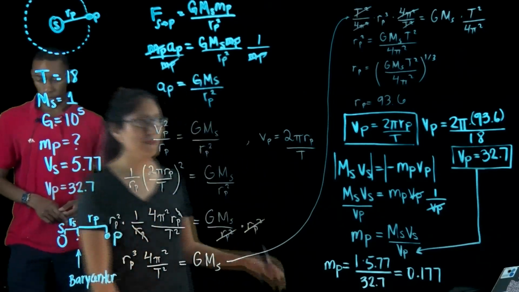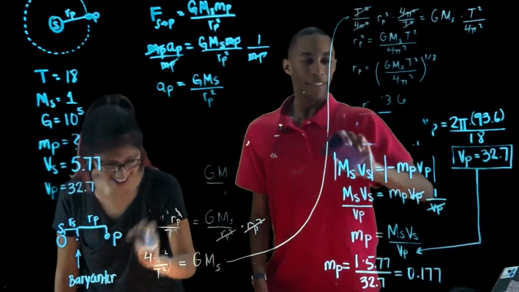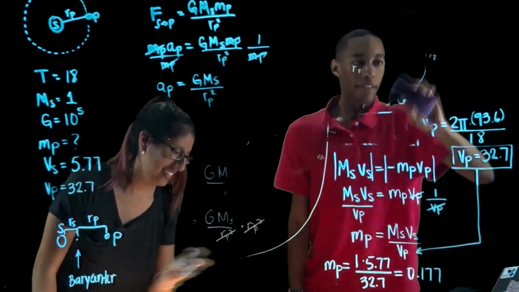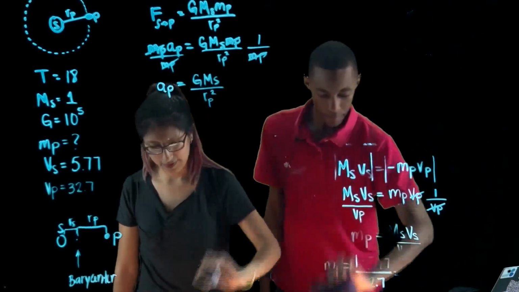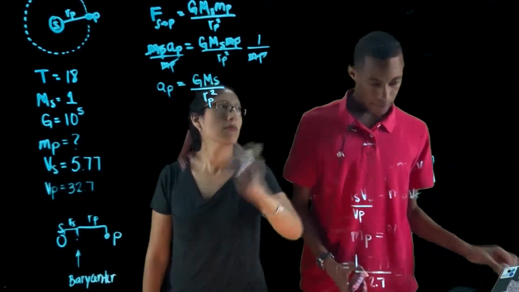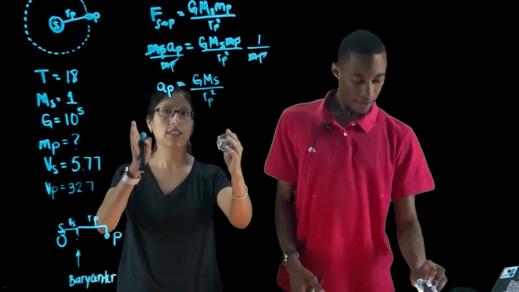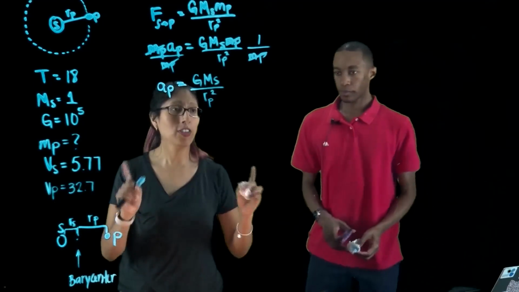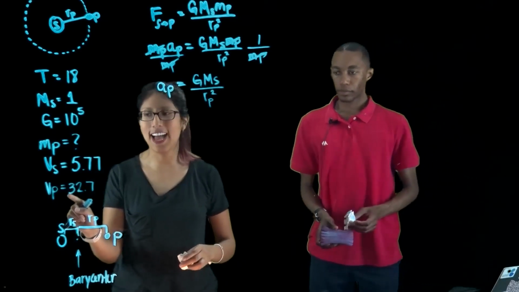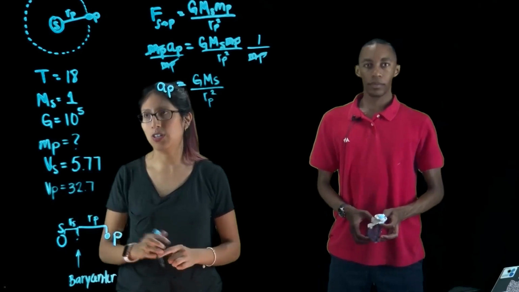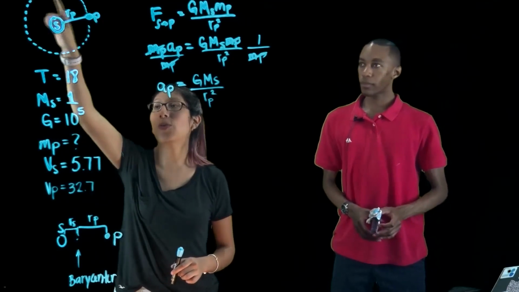So we're also going to erase the velocity of the planet, because that is no longer going to work, because this velocity was for the planet orbiting around the sun.